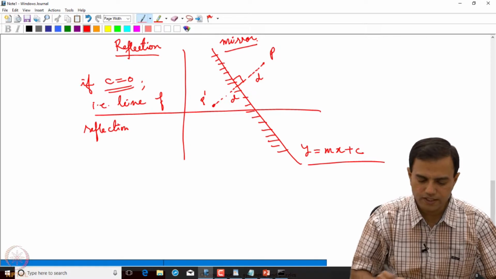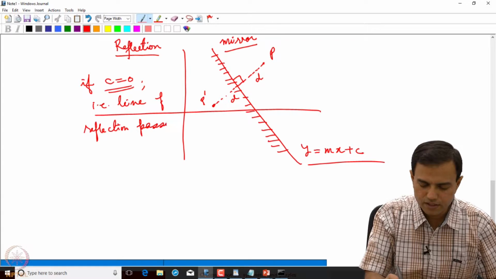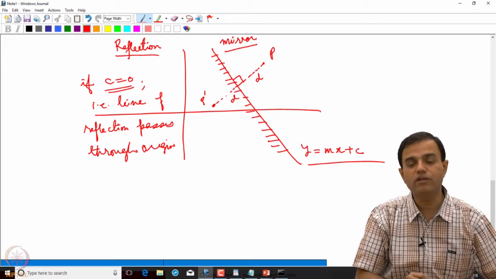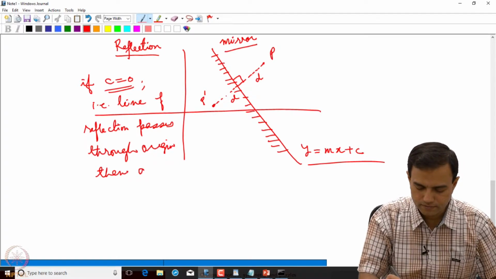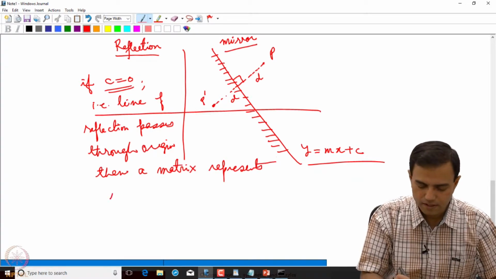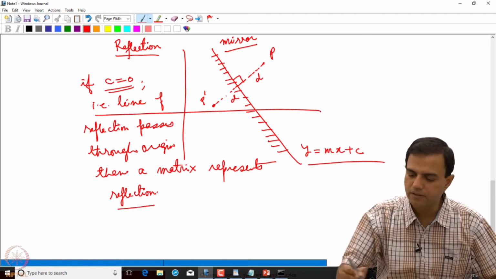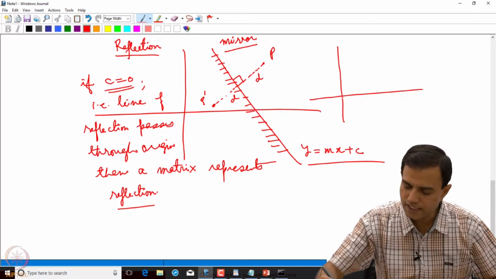If c is 0, then the line of reflection passes through origin. Then one can actually write the matrix that represents reflection. It's not very difficult to find out. Again, in terms of cos theta and sin theta.